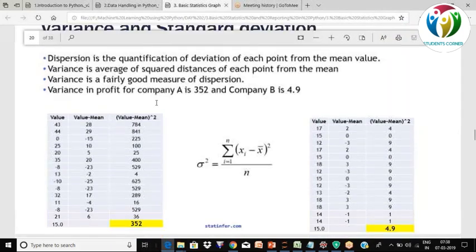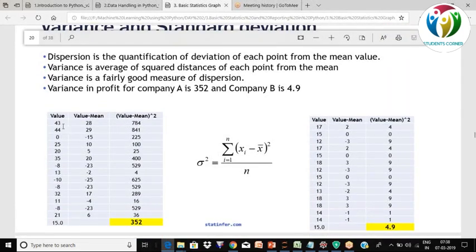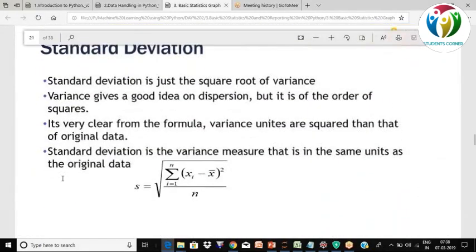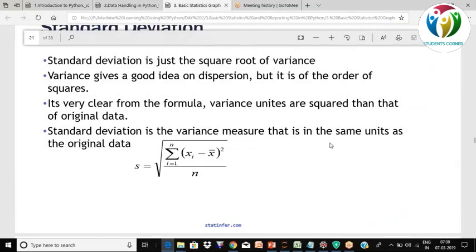Our original values are like 43, 44. But since we have squared, this is the big number we are getting. If you want to talk in terms of the original value, we have the variance and we have to take the square root of that so that we come back to the original form. Standard deviation is the variance measure that is in the same units as the original data.